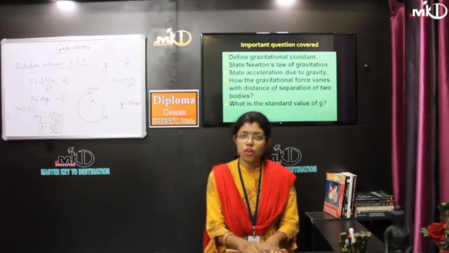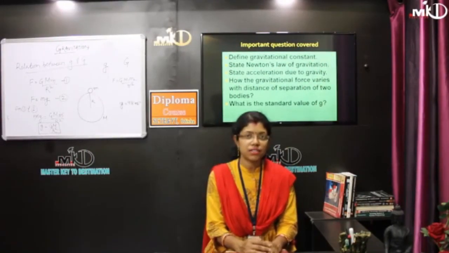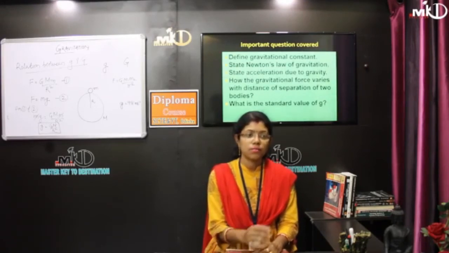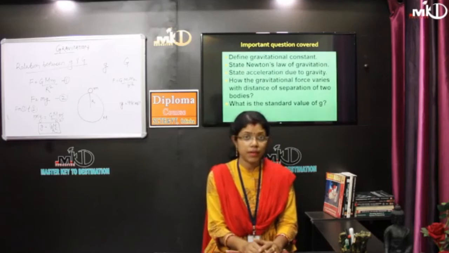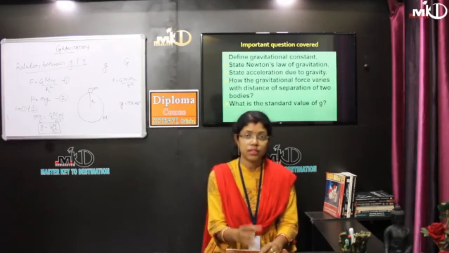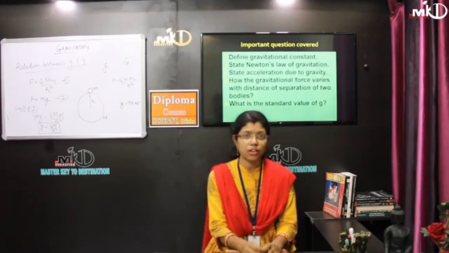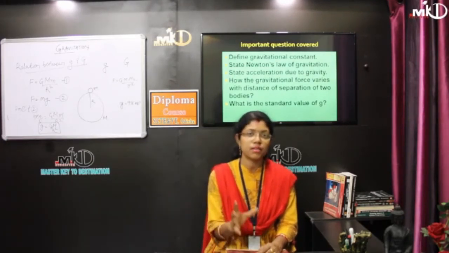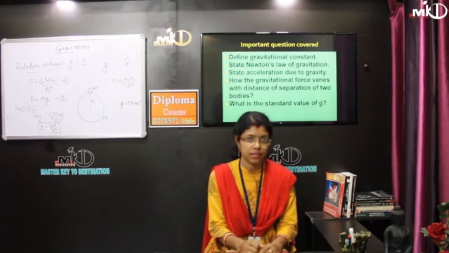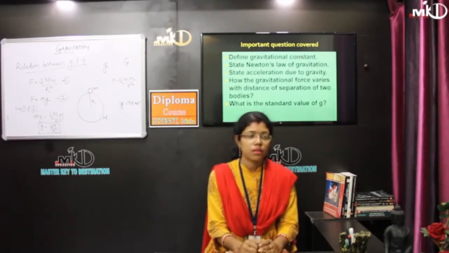So in today's topic we have discussed acceleration due to gravity and gravitational force. The acceleration due to gravity is not affected by the mass of the body. To calculate the acceleration due to gravity, we don't need the mass of the body. It is basically the mass of the Earth or the planet. g is equal to G M upon r square.